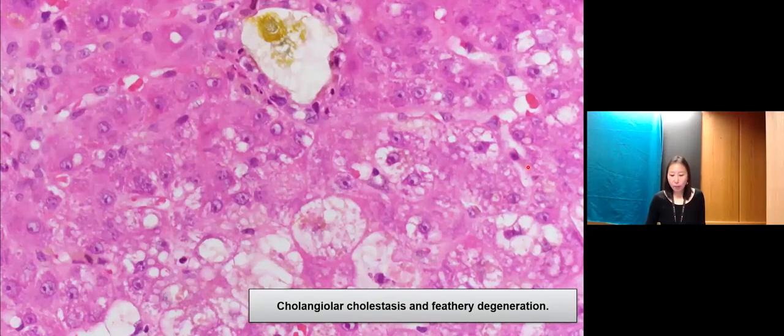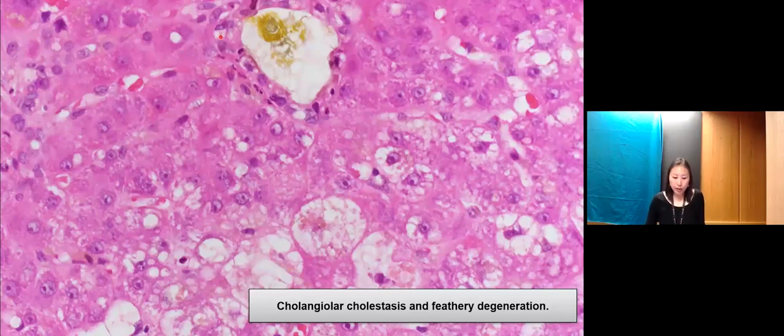But if you look at the background, it is in fact cholestatic with bile plugs and is not really a steatotic picture. All of this together puts this morphology in a similar category as feathery degeneration, suggesting some sort of cholestatic injury to these hepatocytes.